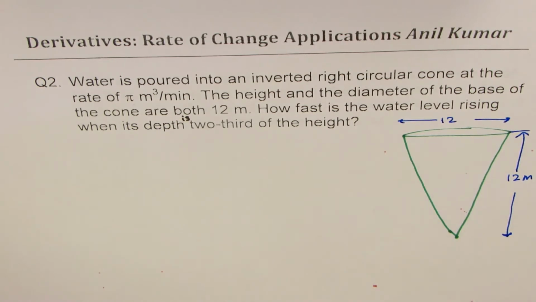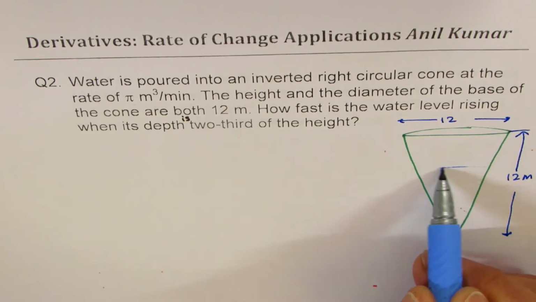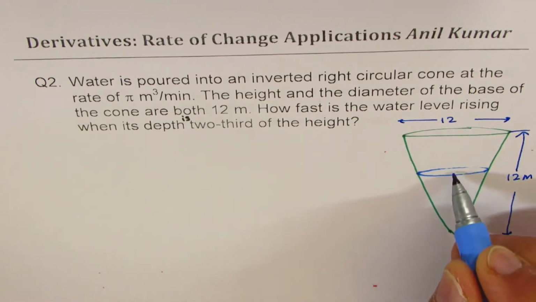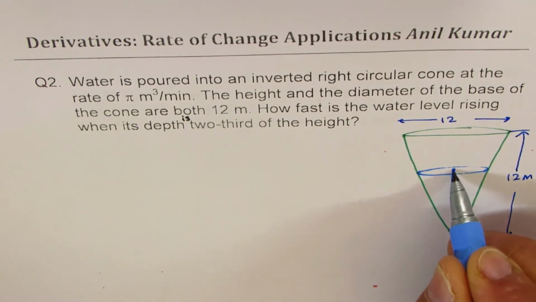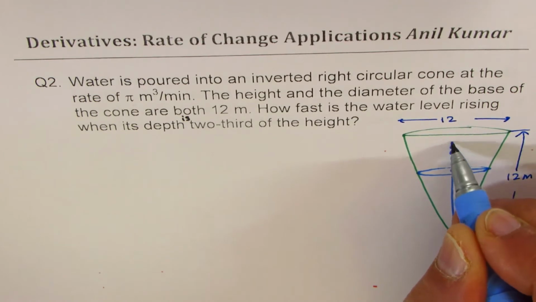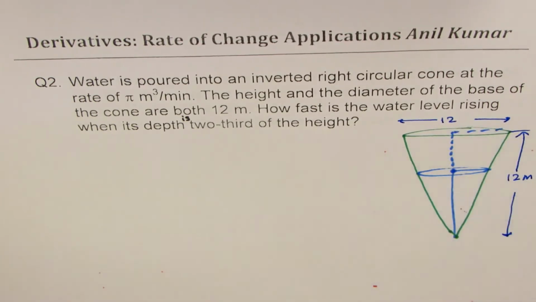At any instance of time, let's say this is the water level. We can find the relation between height and the radius. That is very critical.